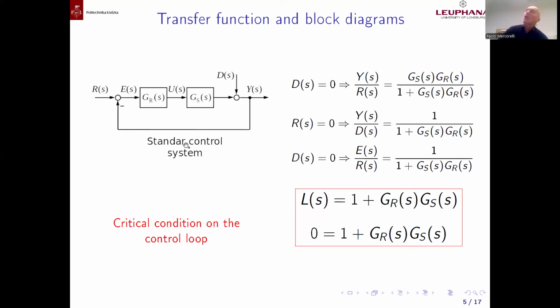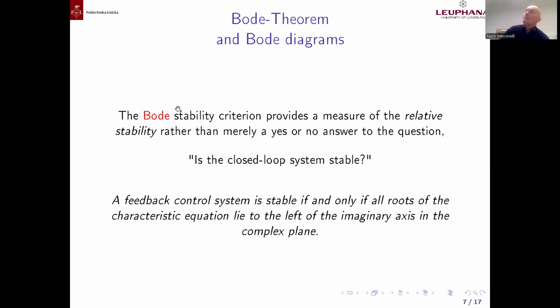The open loop means if I open the loop, consider D equals 0, I have basically this product between R and Y of S. Y of S is equal to this multiplied by this, GR multiplied GS multiplied RS. Therefore, the open loop is the product of this.